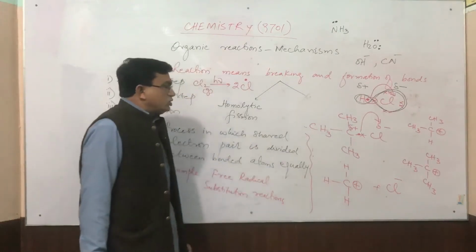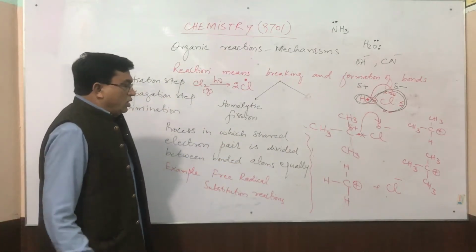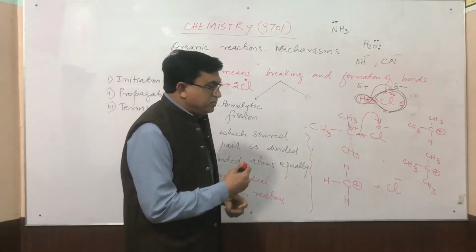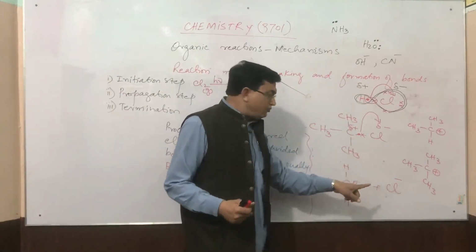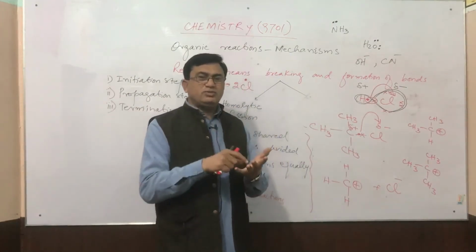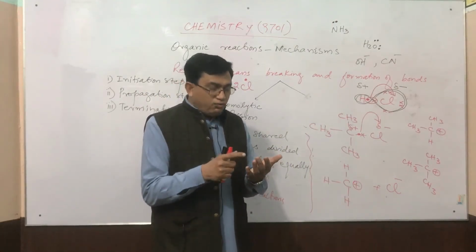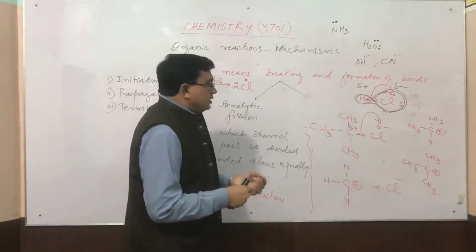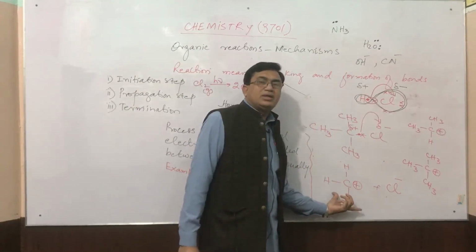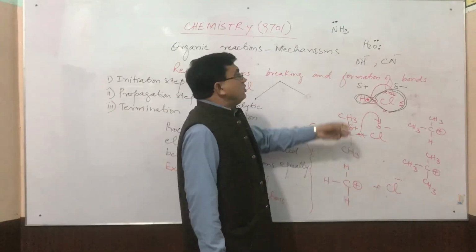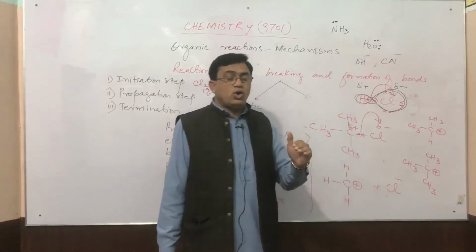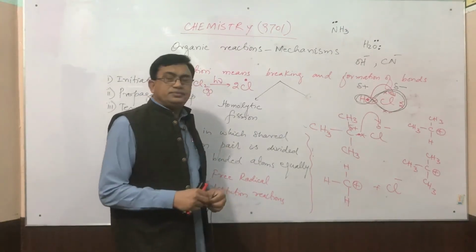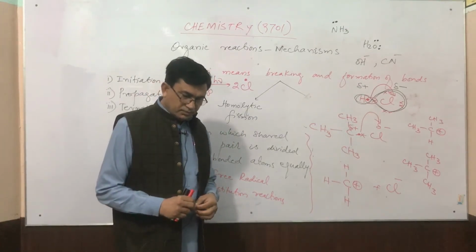So there are two terms, electrophile and nucleophile. Electrophiles are those species which are electron loving, which have a positive charge, or which are electron pair deficient. And those species which contain a negative charge or lone pair will act as nucleophiles.